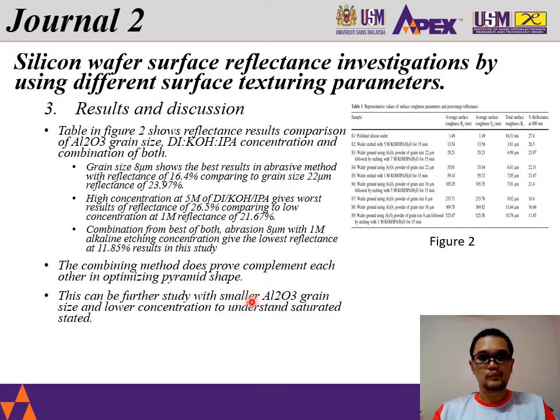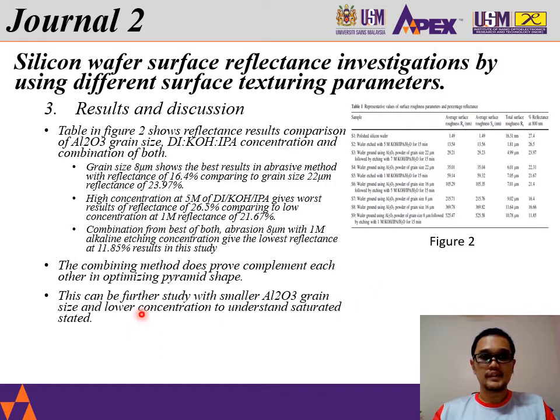And the combination method does prove to complement each other in optimizing the pyramid shape, whereby the best of the grinding results mixed with the best of the alkaline chemical etching give the best of two worlds.